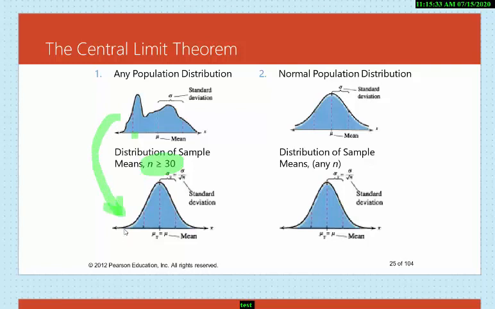While if you start with a normal distribution, then the sampling distribution of any n will be normally distributed. So if you start with a population that is normally distributed, you don't have any restrictions. If you start with a population that is not normally distributed, then you want the sample size to be greater than or equal to 30. That's important.